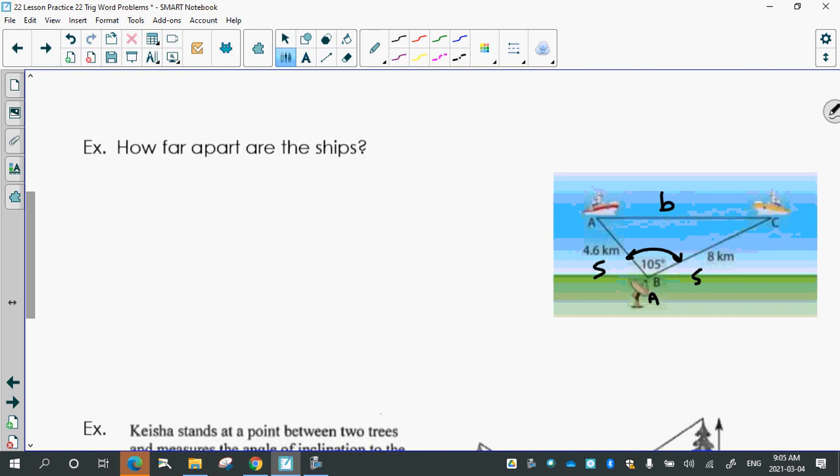So I'll call this little b. Little b squared is equal to 4.6 squared plus 8 squared minus 2 times 4.6 times 8 times the cos of the angle between them.